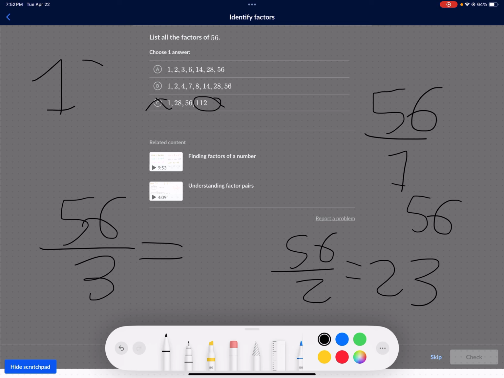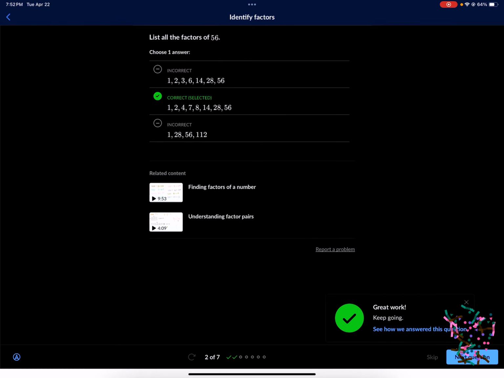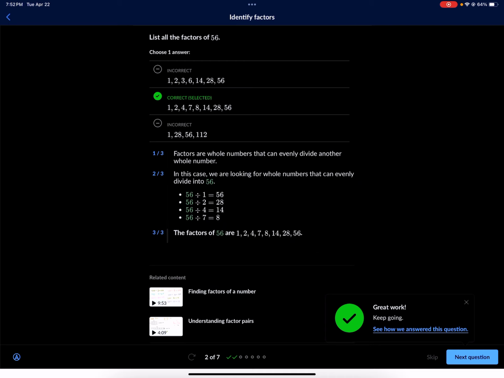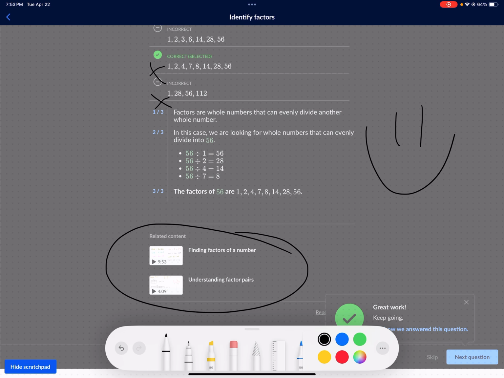Oh, this is embarrassing. Okay. I don't think 3 is a factor. So if 3 is not a factor of 56, we can instantly eliminate answer A and C. B must be our only answer here. If you got that, great job. If you didn't, videos. If not, happy studying.